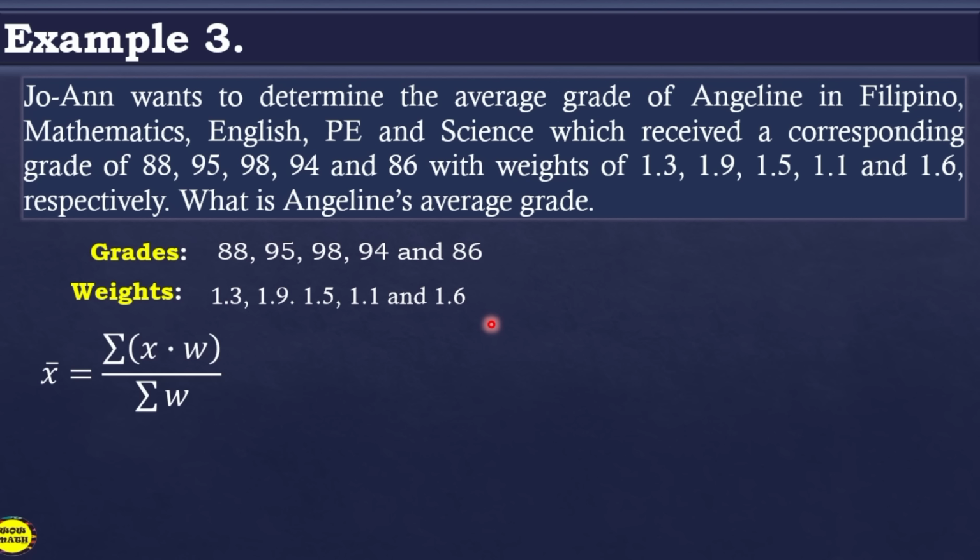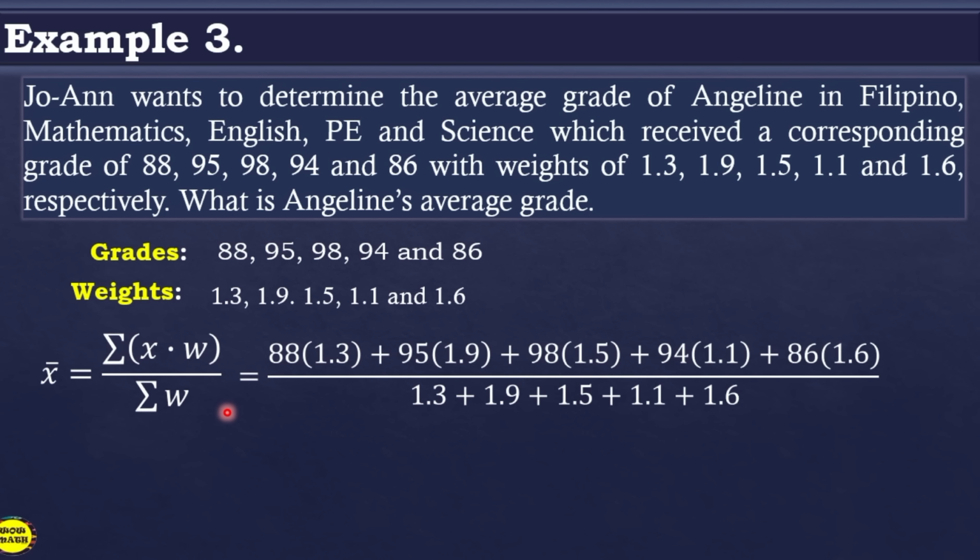After that, using the formula for weighted mean, ang gagawin natin, imumultiply natin yung grade sa corresponding weight niya. So, that is 88 times 1.3 plus 95 times 1.9 plus 98 times 1.5 plus 94 times 1.1 plus 86 times 1.6.